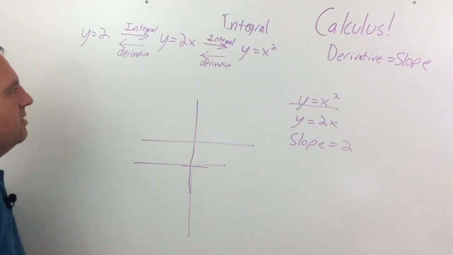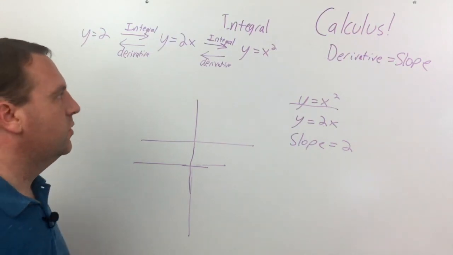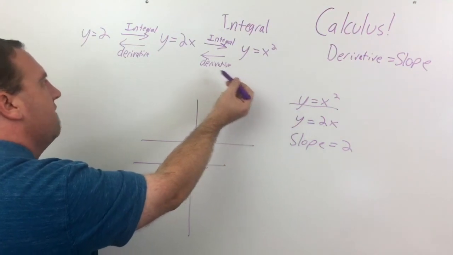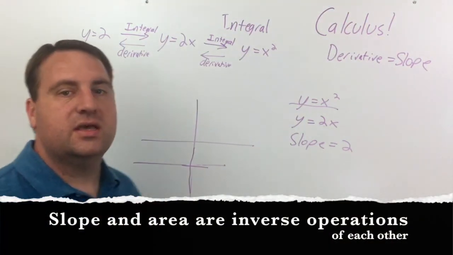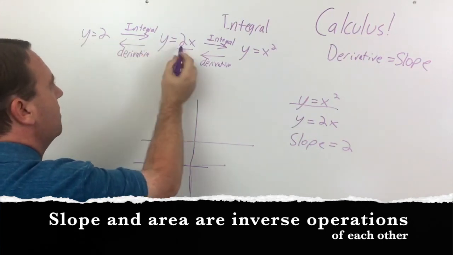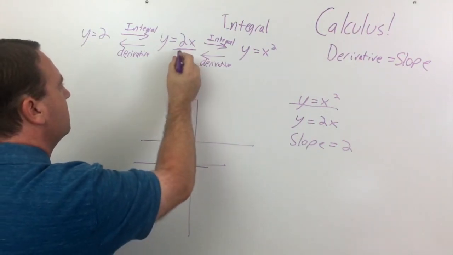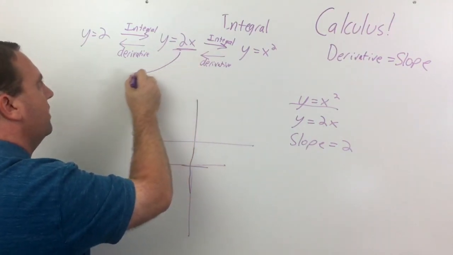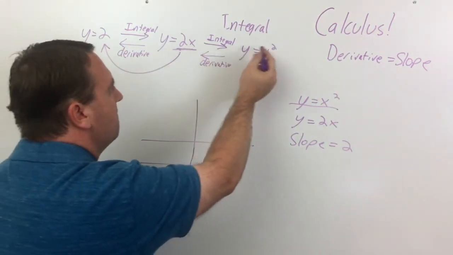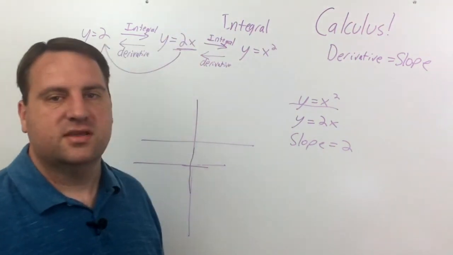So you can see what really revolutionized things in calculus was when it was realized that finding the area and finding the slope are actually inverse operations of each other. Okay? Or if I find the area under y equals 2, the area is 2x. But then if I want to find the slope of y equals 2x, I come back to here. And so every place we find the integral, the derivative is just doing the opposite thing to it.